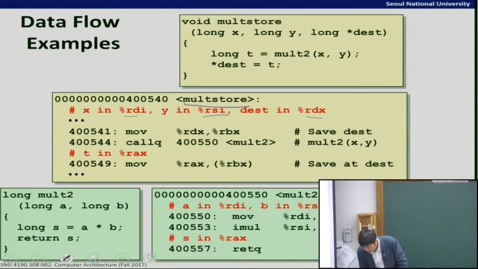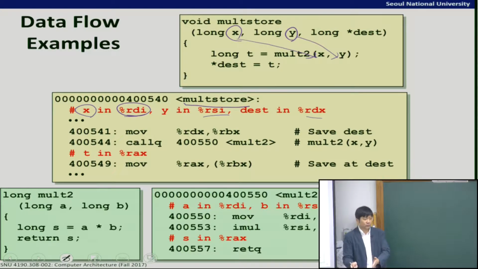Then, in order to pass x and y, because when you call this mod2 function you pass the first 2 arguments to it, suppose you use the same registers, RDI and RSI. So you can simply call. You don't have to do anything extra. If you call it, then these 2 values, x and y, will be passed to the callee function using registers RDI and RSI.